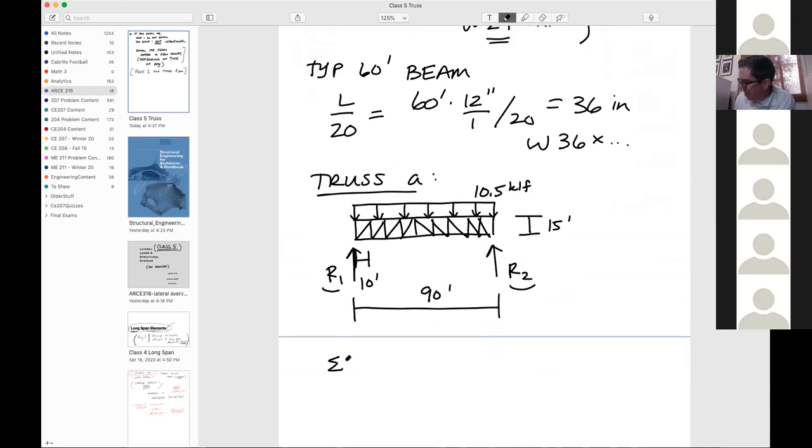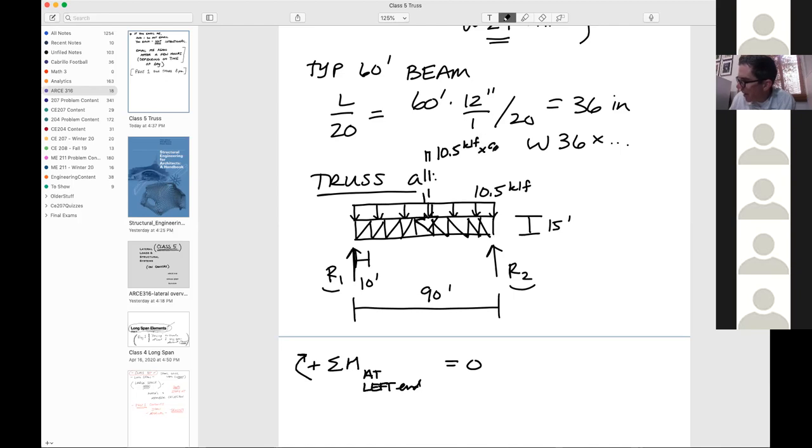So you can sum some of the moments at the left end. That equals 0. Oops. All right, you could do that. You could use the concept then of, again, a very powerful concept, the statically equivalent point load, and you would get that by taking 10.5 kips per lineal foot.